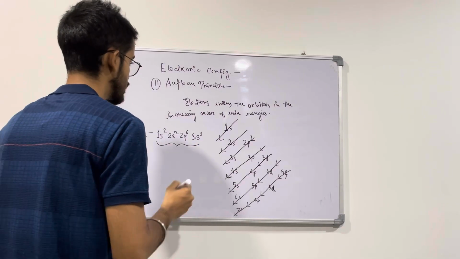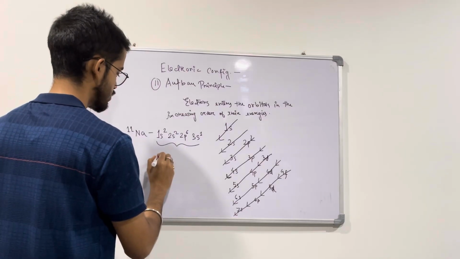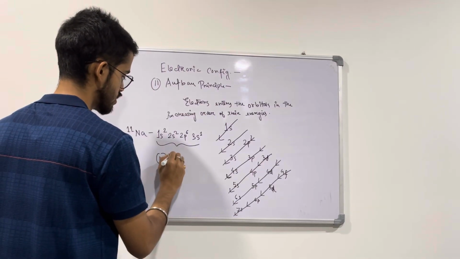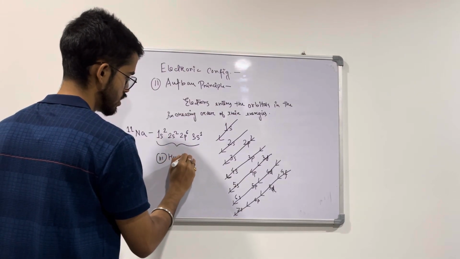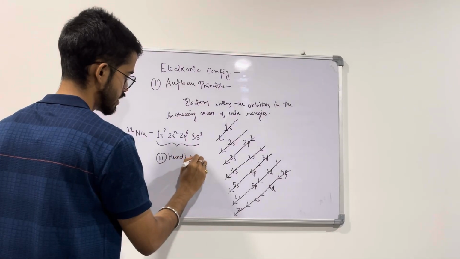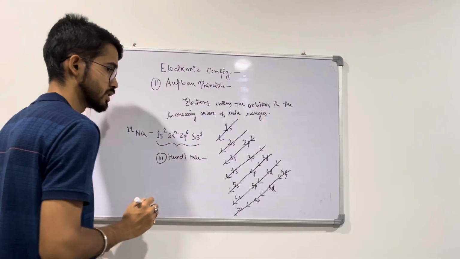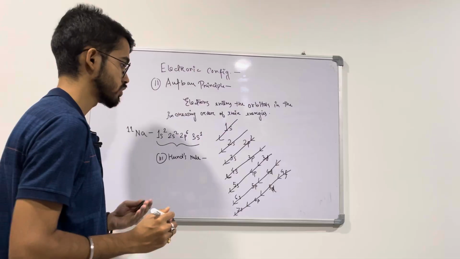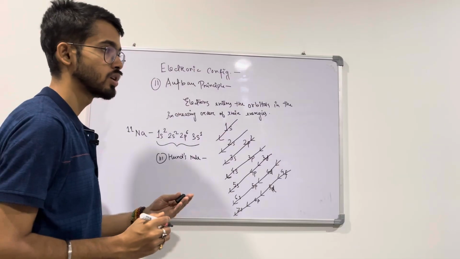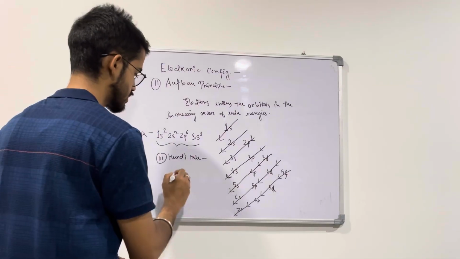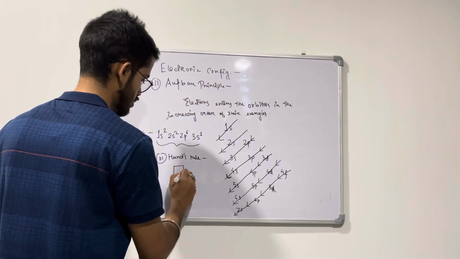Now the third rule is Hund's rule. Hund's rule is given on the basis of occupancy of electrons in orbitals, how you fill the orbitals.